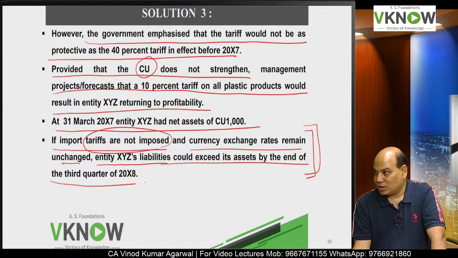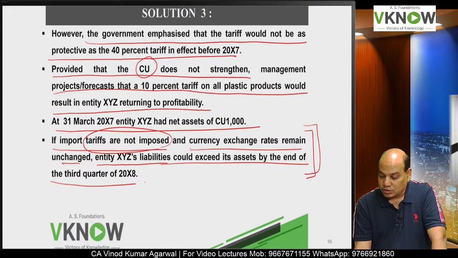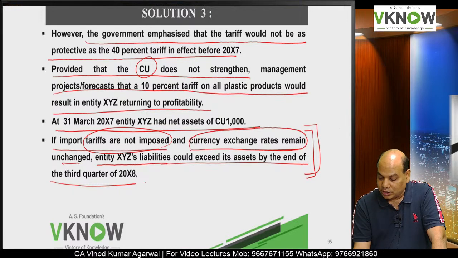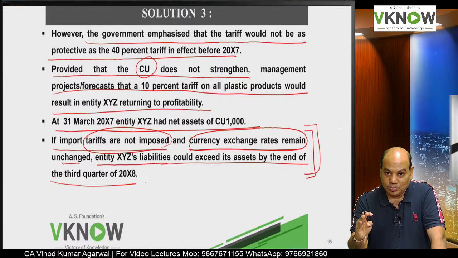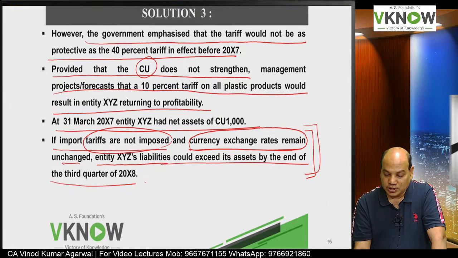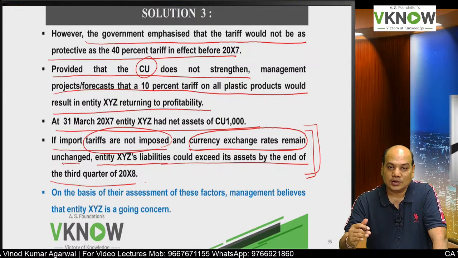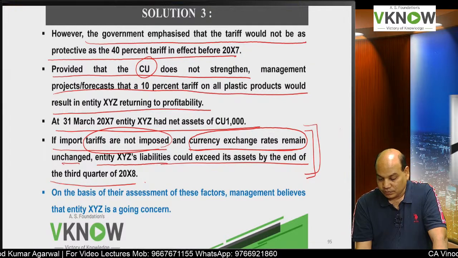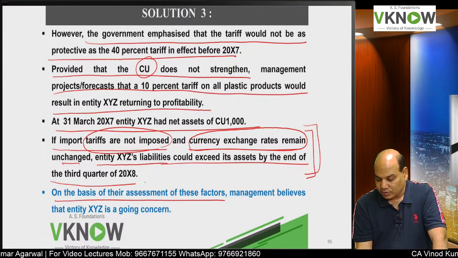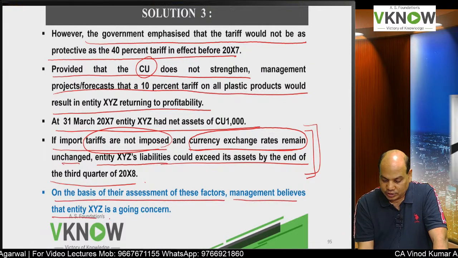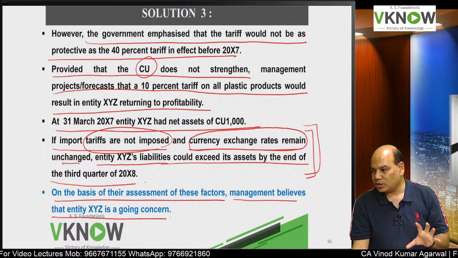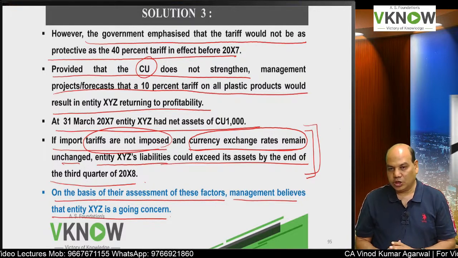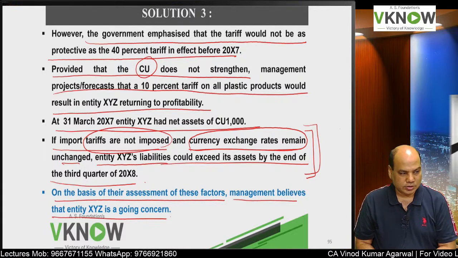They can change their stand anytime. And suppose the projection about the exchange rate also does not come true, then the entity might have negative net worth by the end of the third quarter. This is called an estimated amount. So on the basis of this assessment, management believes that entity XYZ is a going concern. So at least for 12 months there is no need to wind up the operations.